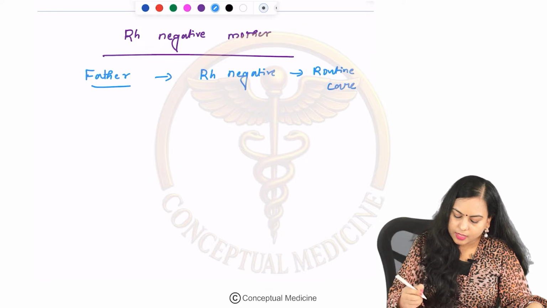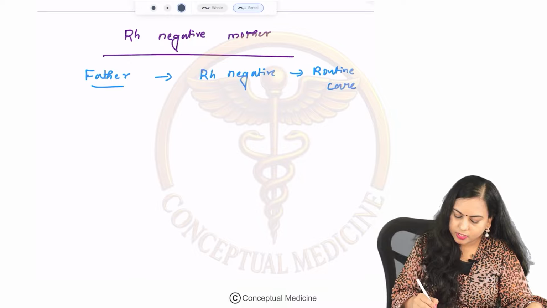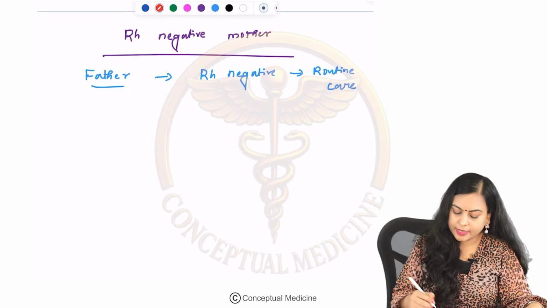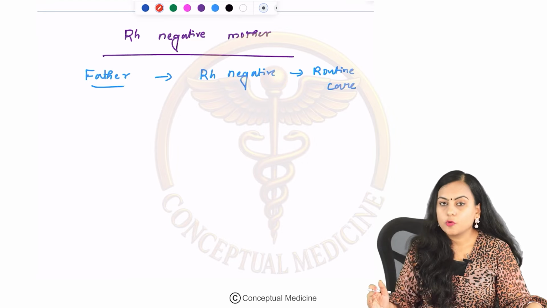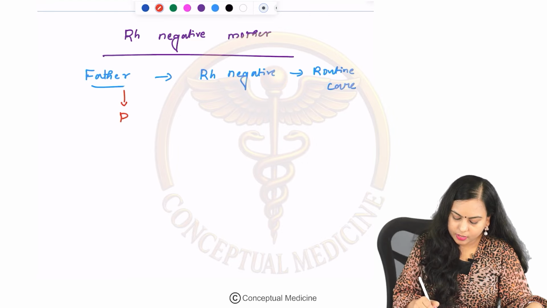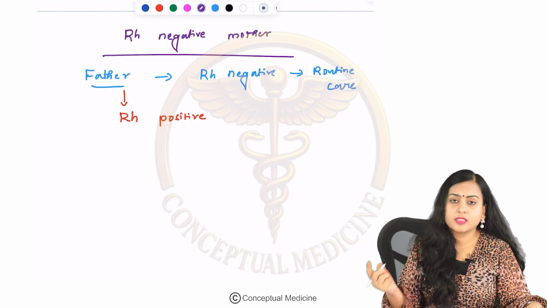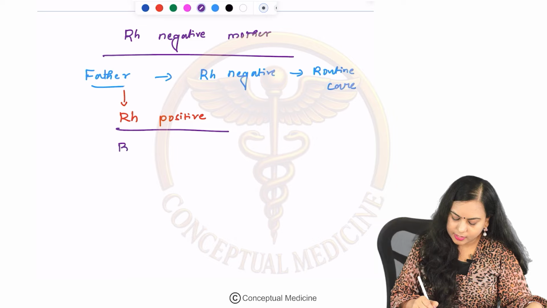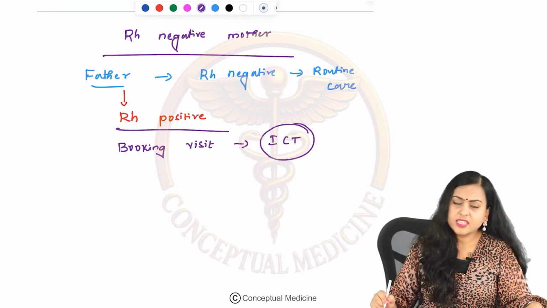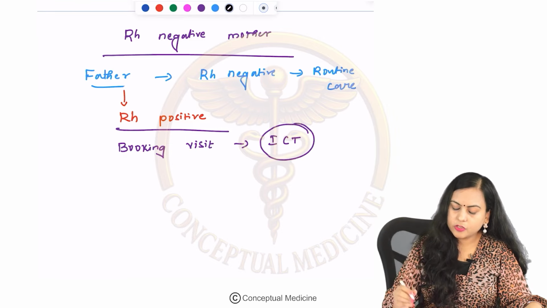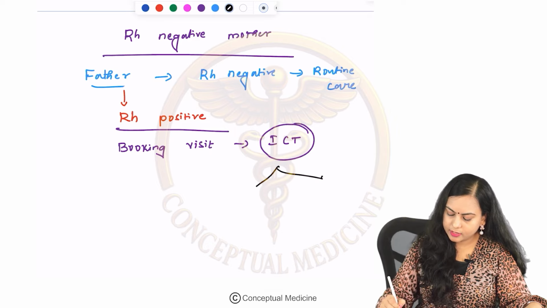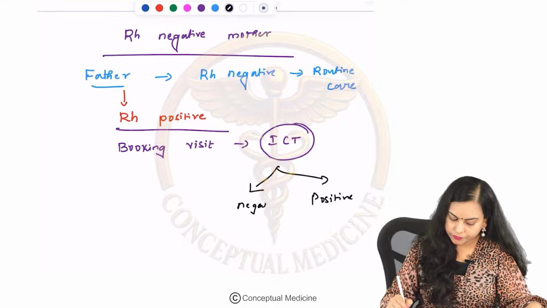Then there is another option, that is the father can be Rh positive, okay. So, if this is there, then at the booking visit itself, you will offer them ICT, that is indirect Coombs test, and you know ICT can be either positive or negative, right?